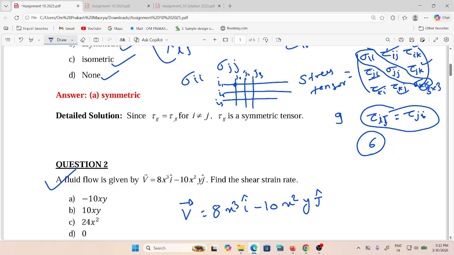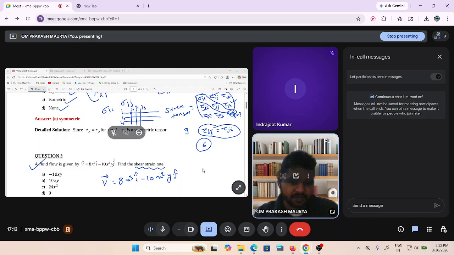So here you need to calculate shear strain rate. Remember please. So just within 2 minutes please just try to calculate, and then after I'll just try to solve. Just try. If you do not know, you can just try. Within 2 minutes you think, then after I'll explain. No issue. Very easy question. Strain rate, not stress. Shear strain rate.